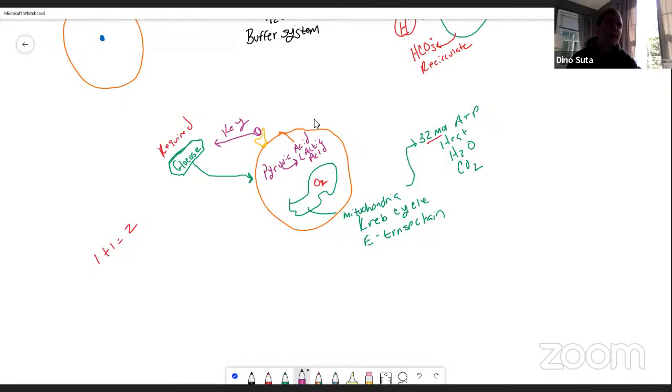So I thought that pyruvic acid is the product of glycolysis. It is. So if there's no glucose coming in, how is the pyruvic acid being created?